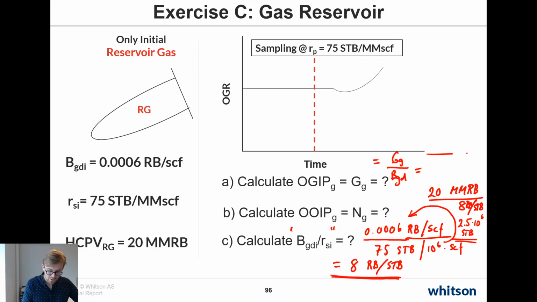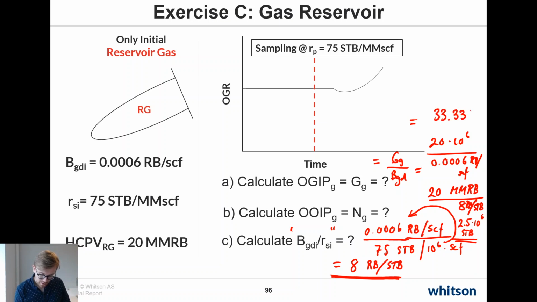Plugging that into this formula, we get 20 times 10 to the 6 divided by 0.0006 RB per scf. Right, so I'll pick up my phone again to see if I can actually do this.